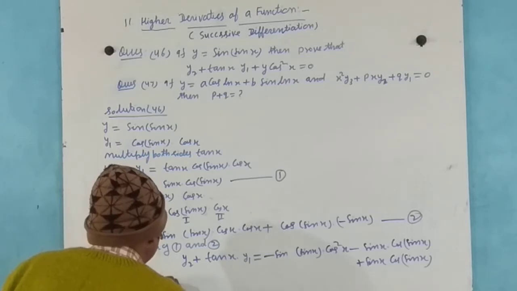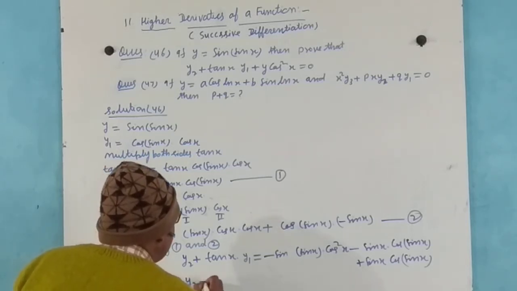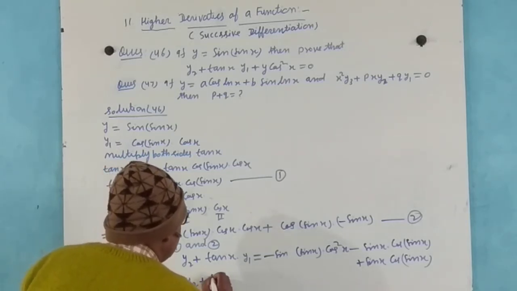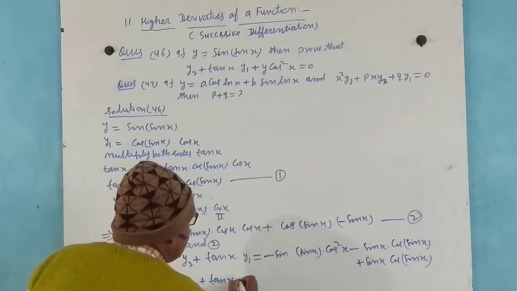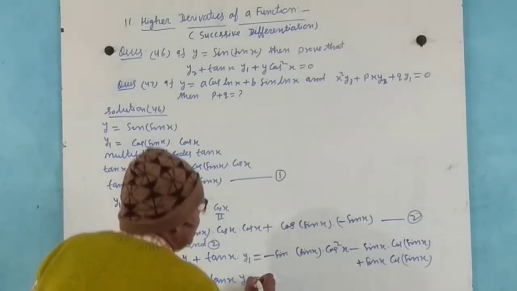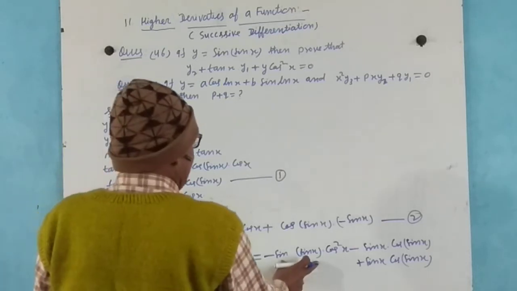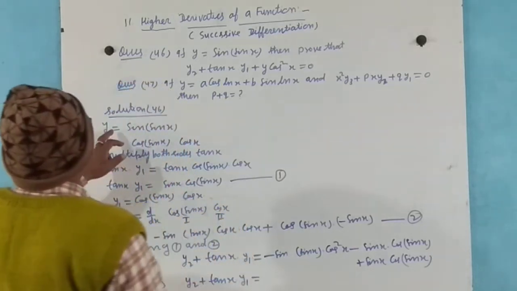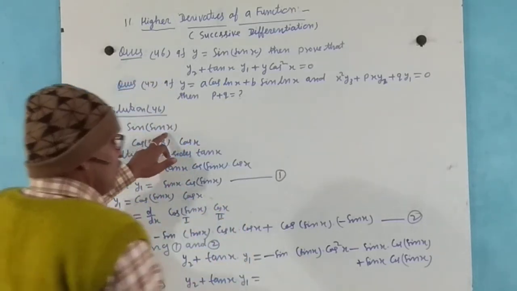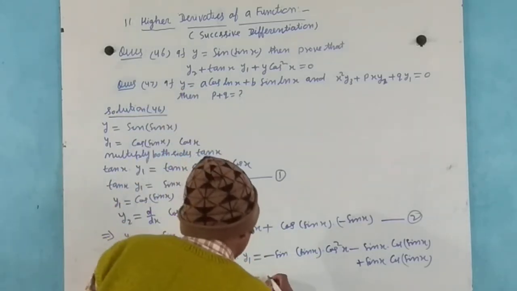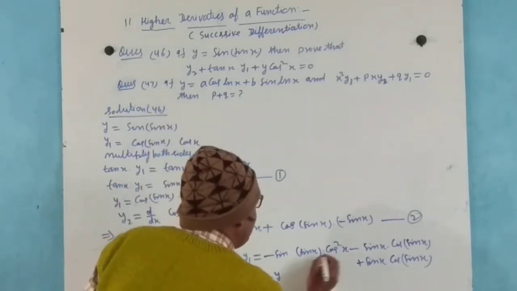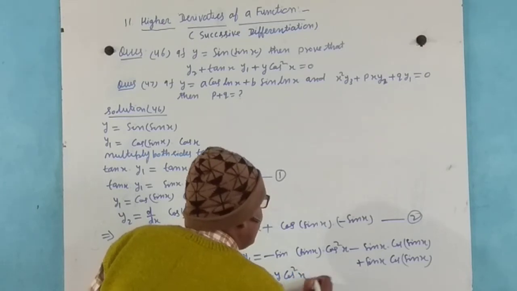Now y2 plus tan x y1 equals this term, sin of sin x, and since y equals sin of sin x, this can be written as minus y cos square x.